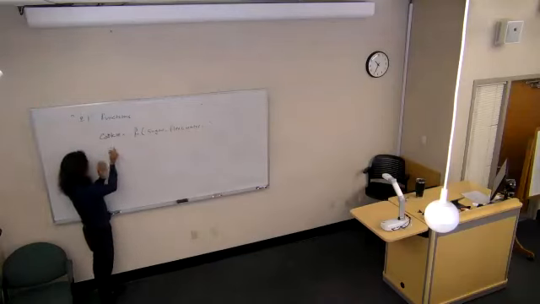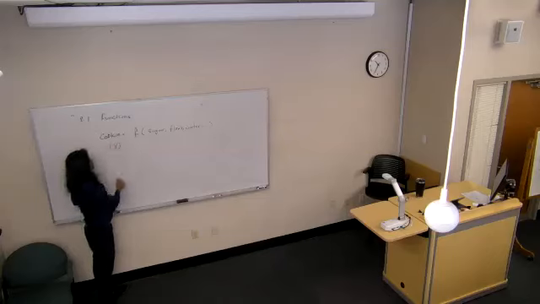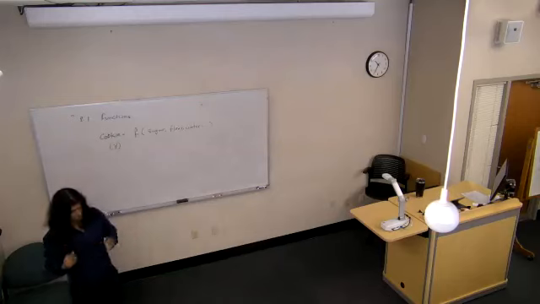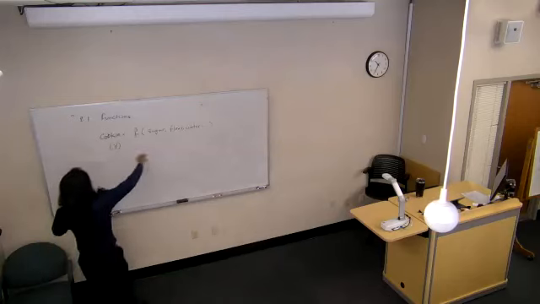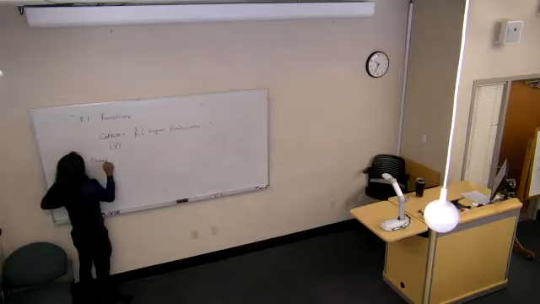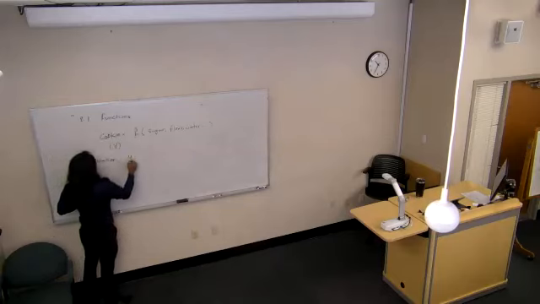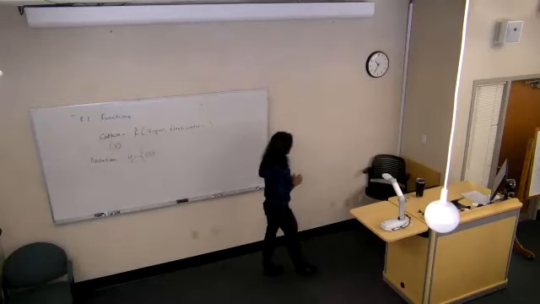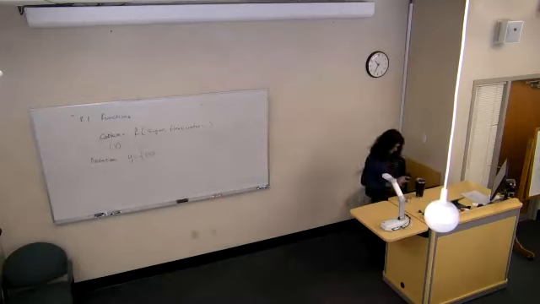One output, which is y. In this class, we're just going to be happy with one input. So instead of having all of those, our standard notation is y equals f of x.